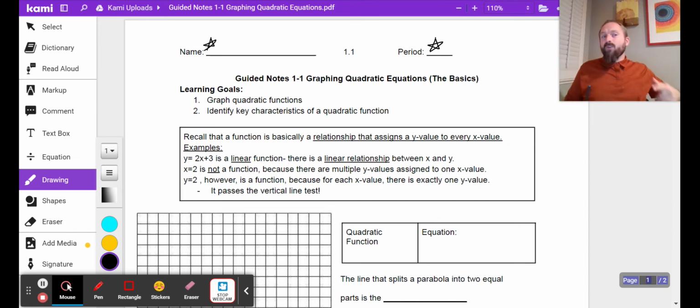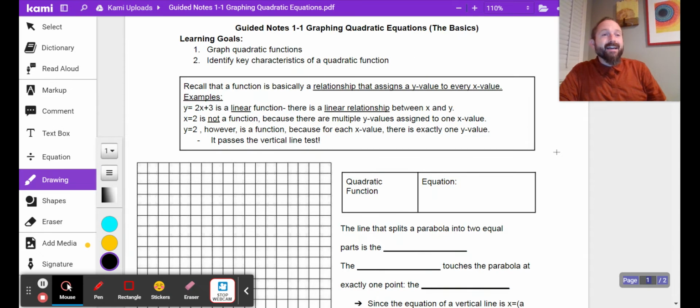Now, for quadratics, our quadratics have a standard form. You remember with linear functions, it was y equals mx plus b, and that makes a line.